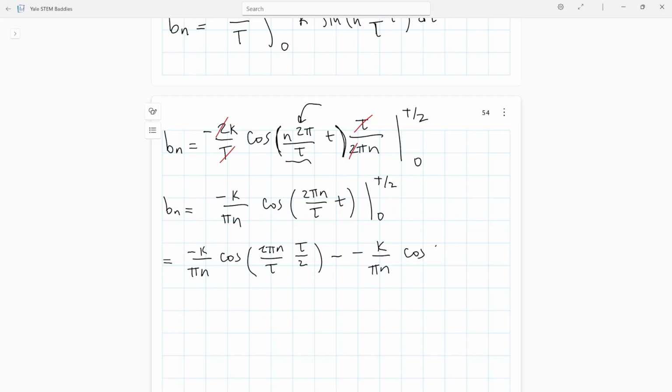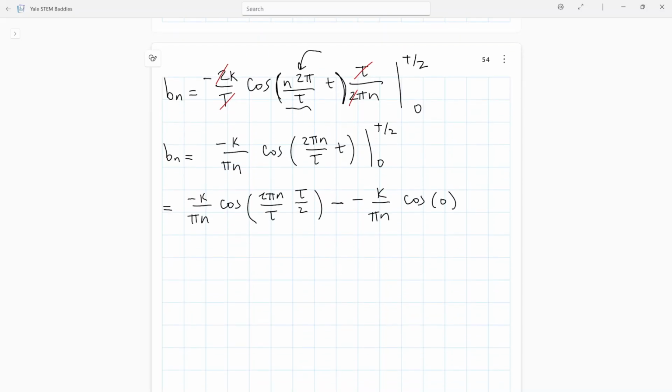So this is then going to be cosine of 0, plugging in 0. Remember this double negative, because one minus sign comes from the evaluation, and one minus sign comes from just that minus sign right there. So perfect. Now let's cancel some more stuff. Those 2's cancel, those T's cancel.